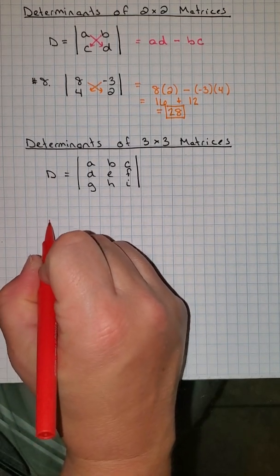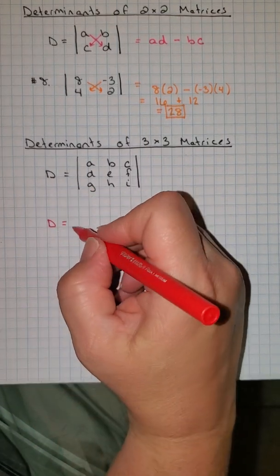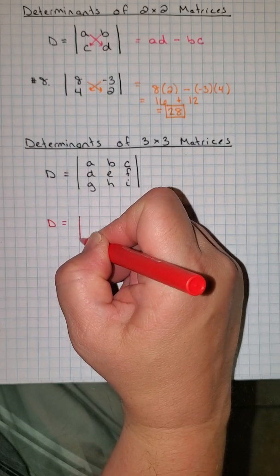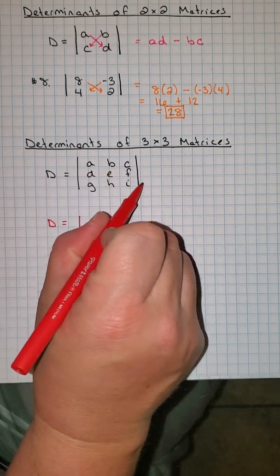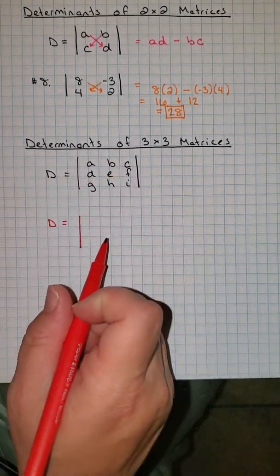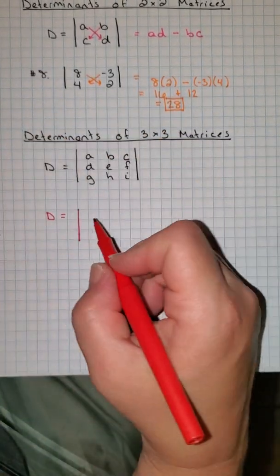One way of doing the determinant is to write the matrix. You're going to have to set this up a little differently. If you go this way, you have to go that way 3 times, and we can't do it like it is right now.